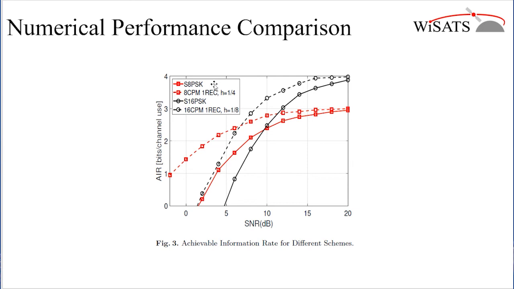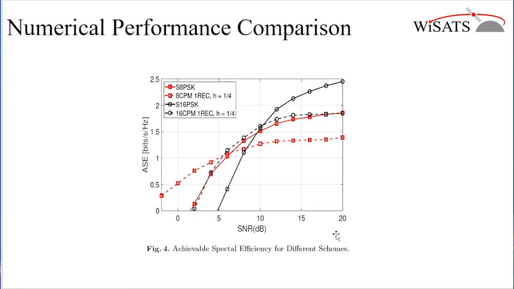Second, for low SNRs, the larger the minimum squared Euclidean distance, the less sensitive it will be to noise, and therefore the higher the resulting achievable information rate will be. It is clear that MCPM and the low-order modulation with larger distance can achieve higher achievable information rate for low SNRs.